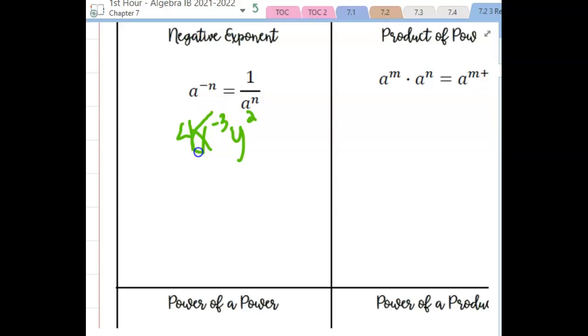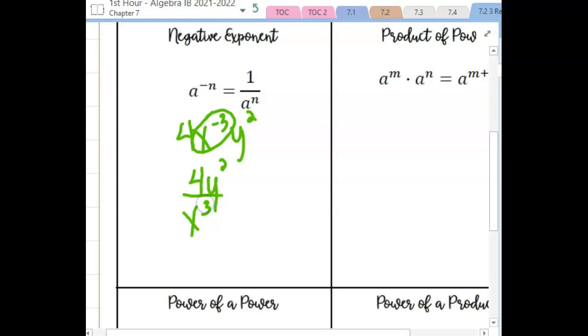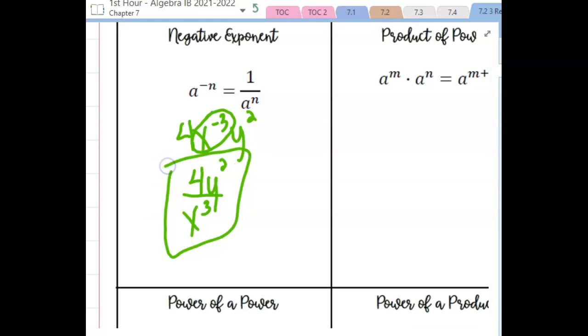The only thing that has a negative exponent here is the x. So you wouldn't move the 4, you wouldn't move the y squared. They would stay up there in the numerator. The only thing that would move is the x, which would flip down to the denominator, and that negative 3 would become a positive. Okay, so that was the rule from yesterday, along with the 0 exponent.